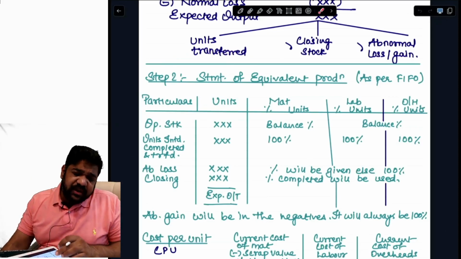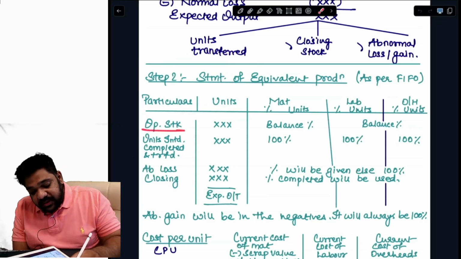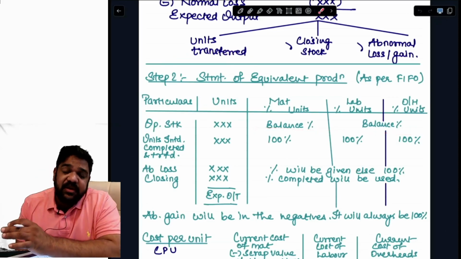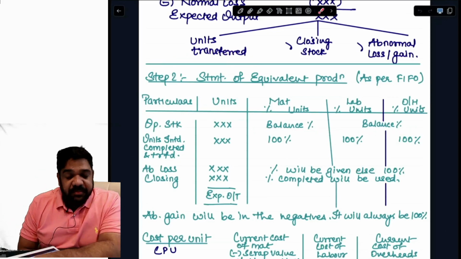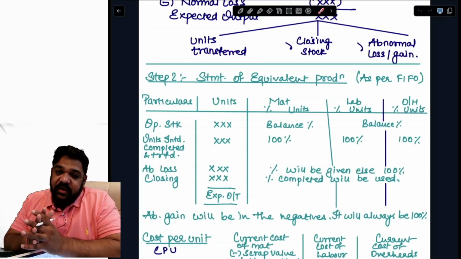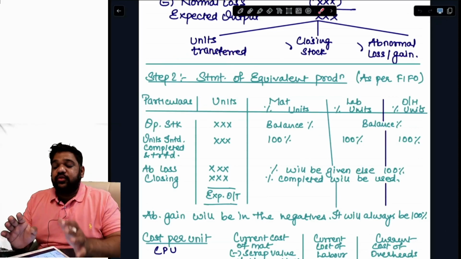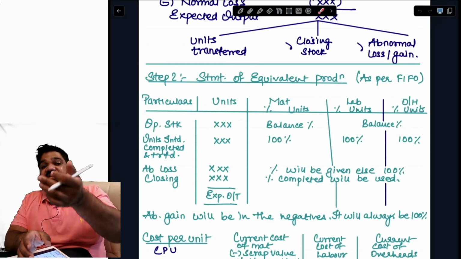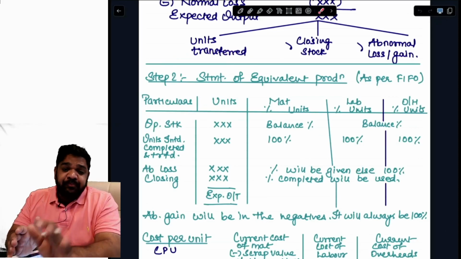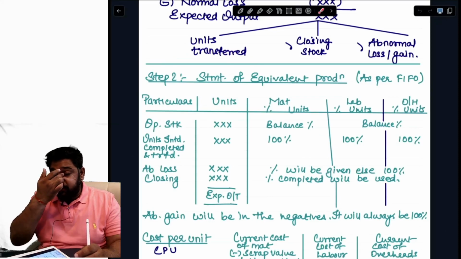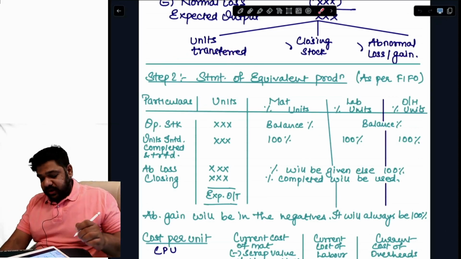Now, very important to understand and realize is that the opening stock will always and always be given the balance percentage. For example, if the material is 60% complete in opening stock, we are trying to finish the material. Whatever is already done is done, and whatever is further to be done is what you have to add. That was 60% already, so now you will put down the balance 40% over here.